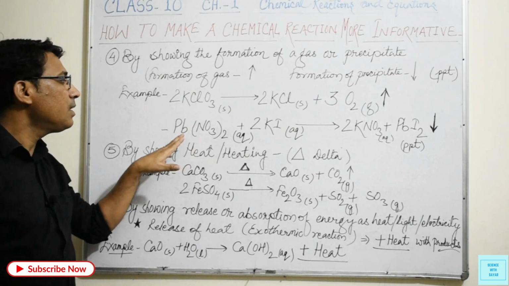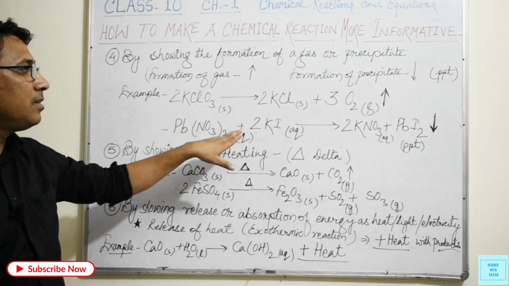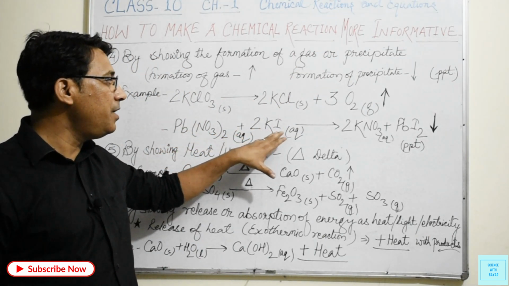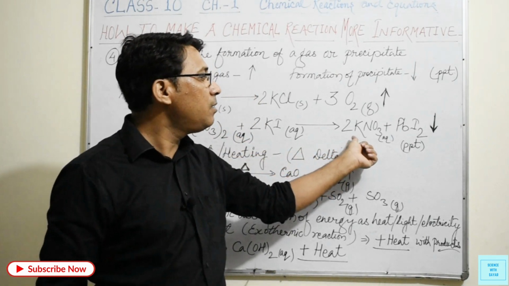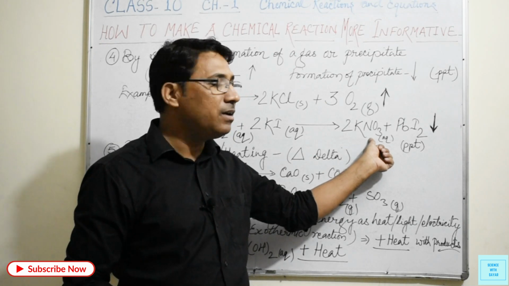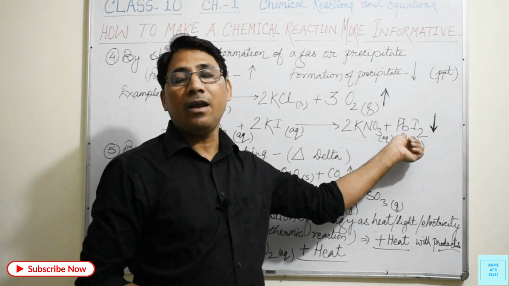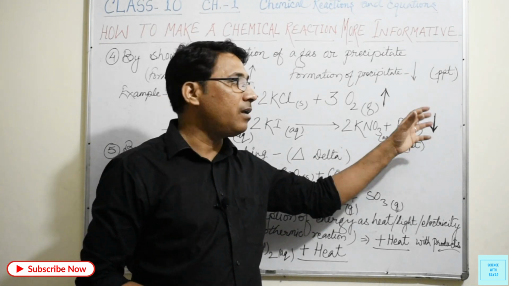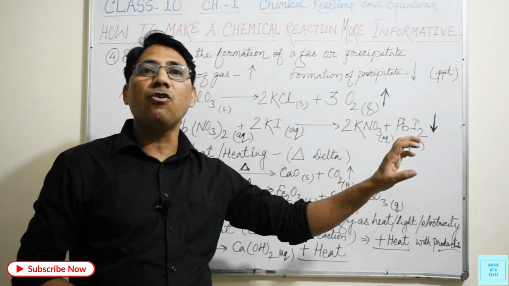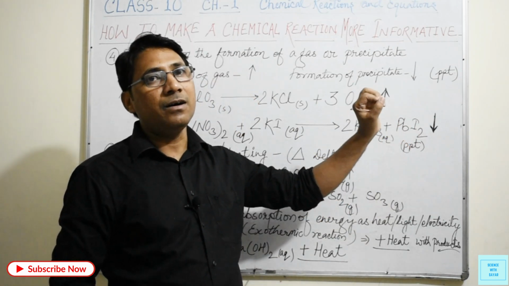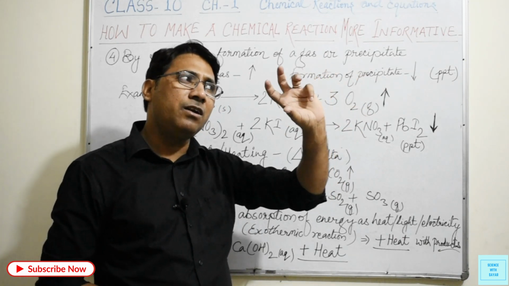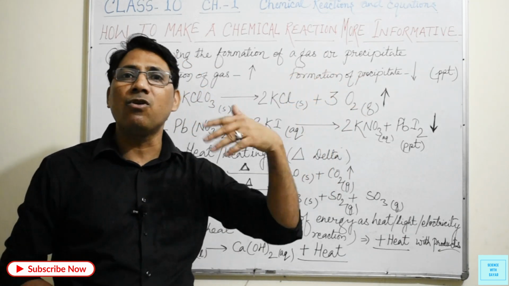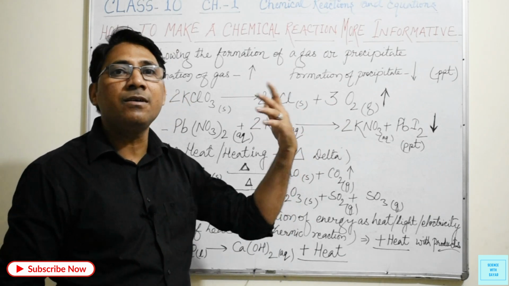And lead nitrate and potassium iodide react with each other, and as products potassium nitrate is formed and a substance lead iodide, and lead iodide does not dissolve in the solution, it is a solid, a yellow colored powder that does not dissolve in the solution.